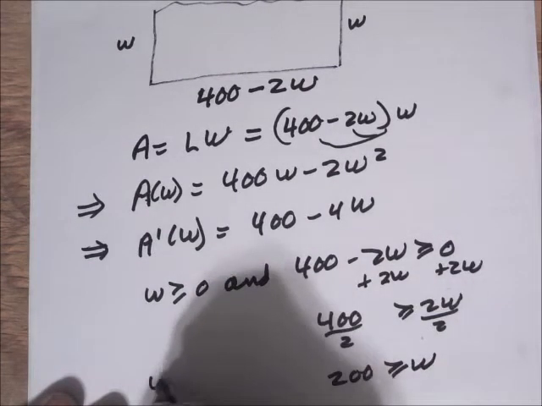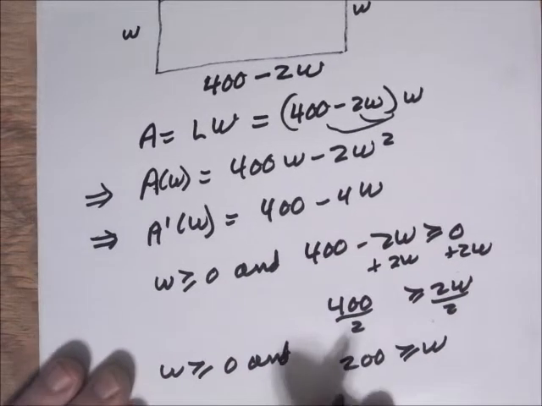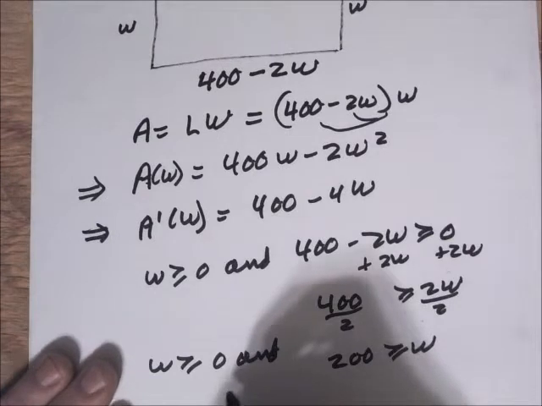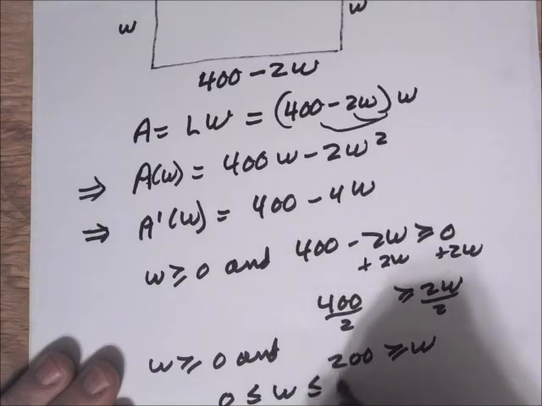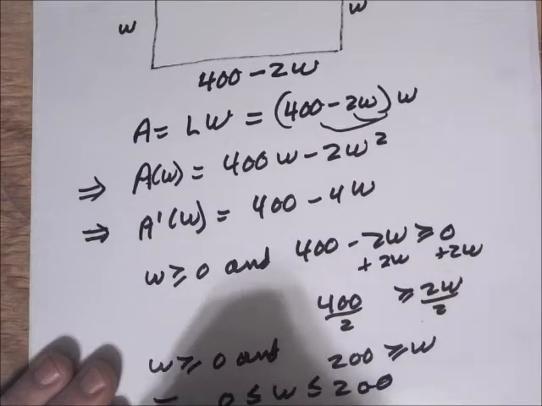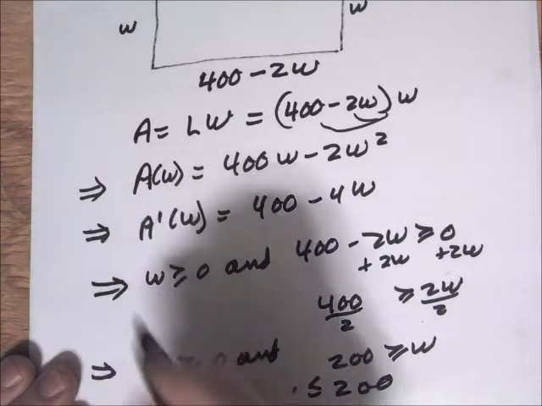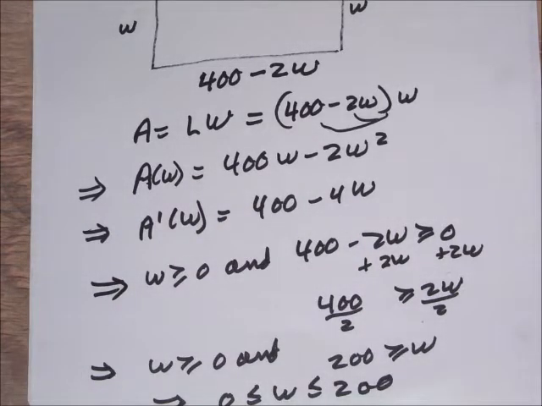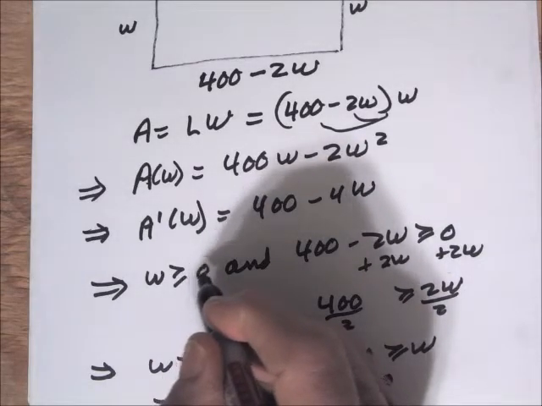So we have W greater than or equal to 0 and 200 greater than or equal to W. So if we write these from smallest to largest, we have 0 less than or equal to W less than or equal to 200. Okay, if the width is equal to 0, we have a kind of degenerate rectangle.